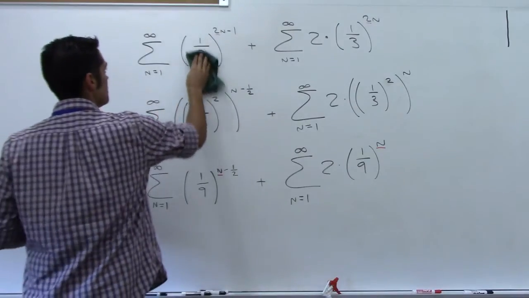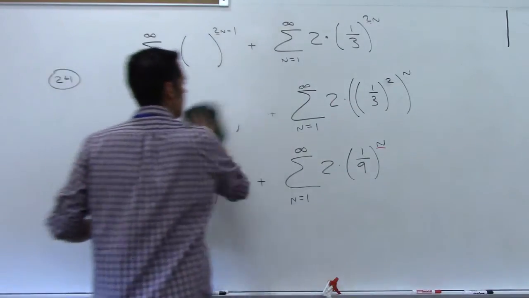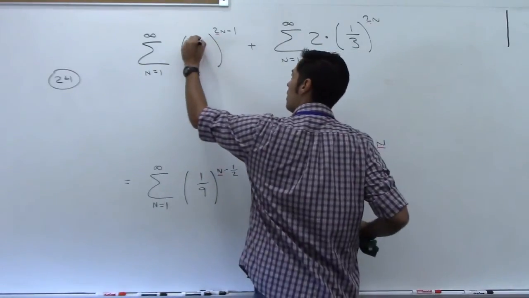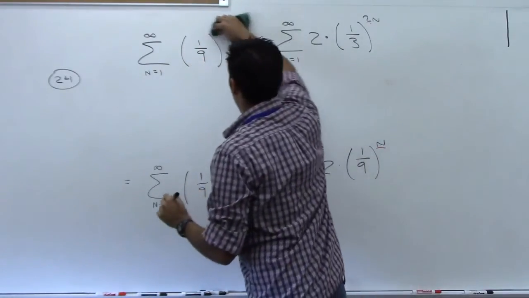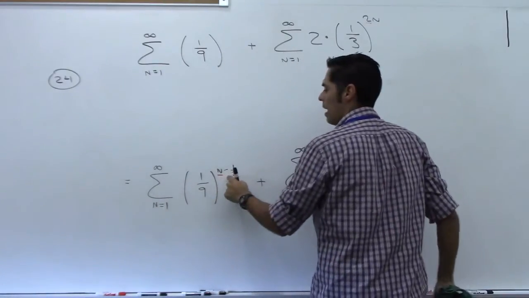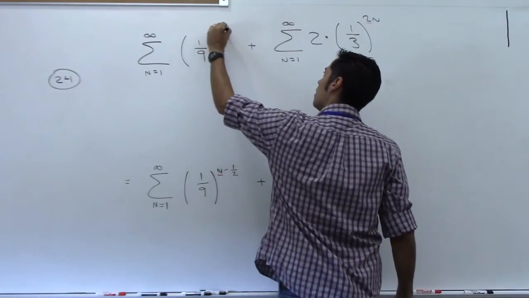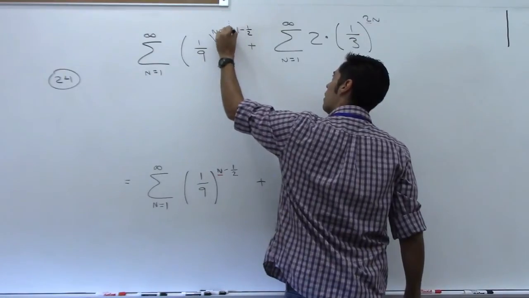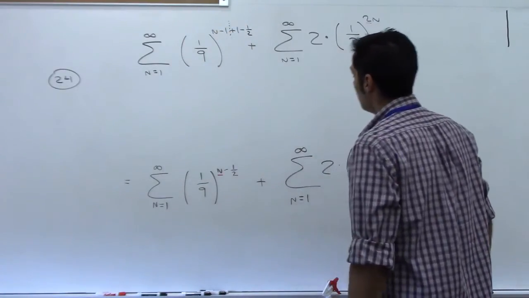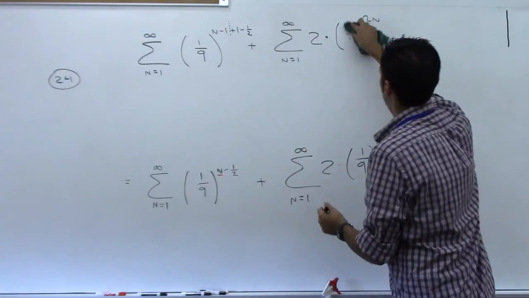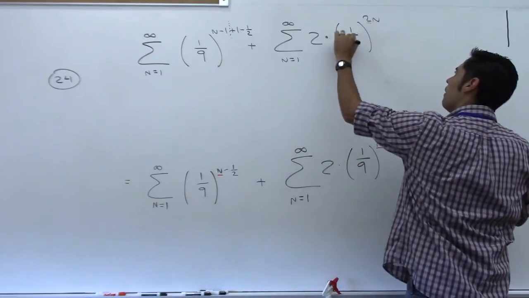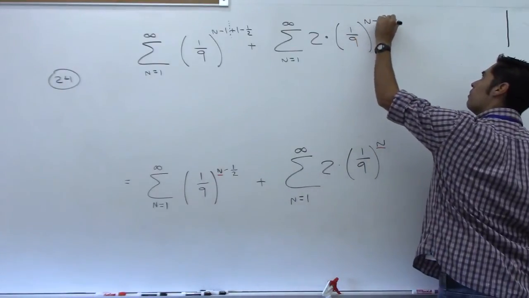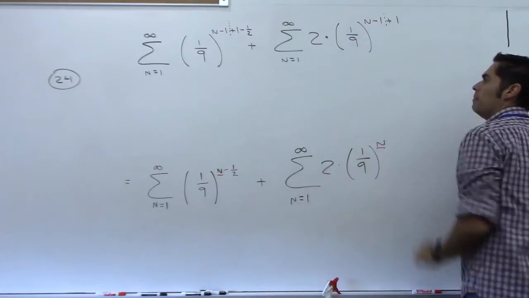So this becomes sum n equals 1, 1/9, and then I'm subtracting and adding 1. So n minus 1 plus 1 minus a half, and I'm going to split it right there. Then on this one, I've got my 2. This is a 1/9, and then on my power, n minus 1 plus 1, and I'm going to split it right there.